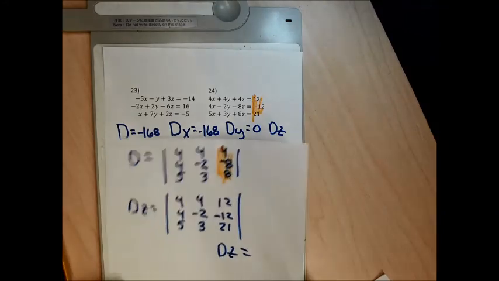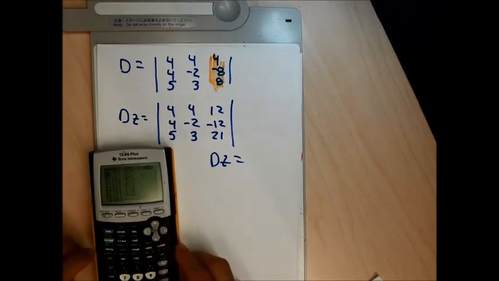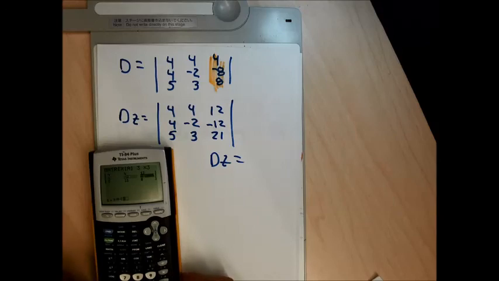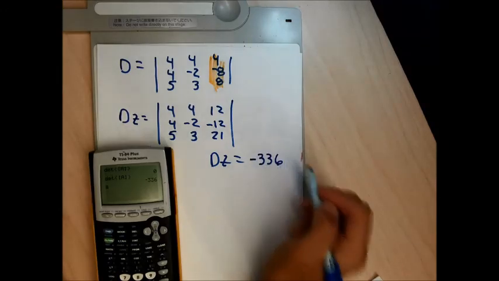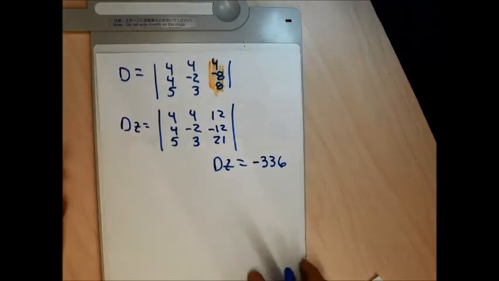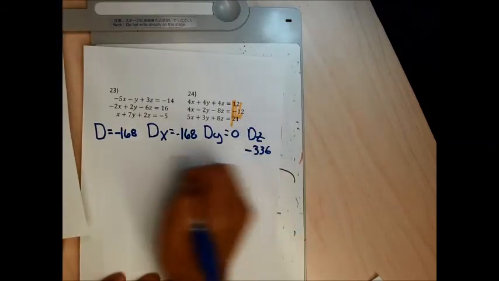And I'm going to use my calculator. Enter this as a 3 by 3 determinant. Make sure you enter it right. Then second quit, and I could just hit second and enter because I just did a determinant, and I got negative 336 for D sub z. So D sub z is negative 336.